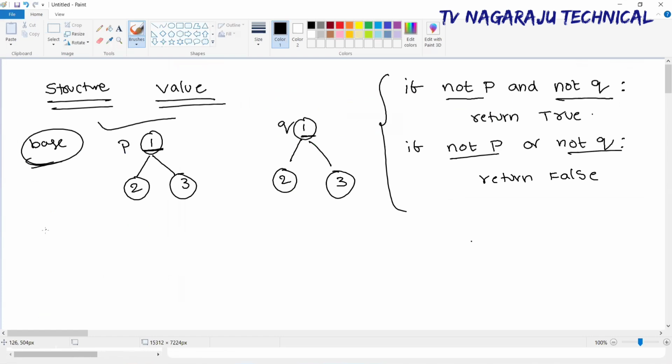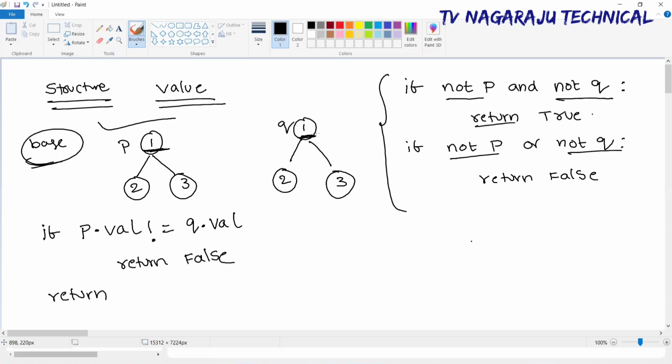First, I am comparing P.val with Q.val. If at any point they are not equal, then what did I write? I wrote return false. Completed. Once you use the return statement, the program completes. Suppose this is not the case, then what I wrote? If the if condition is false, in the else, you don't even need to write.